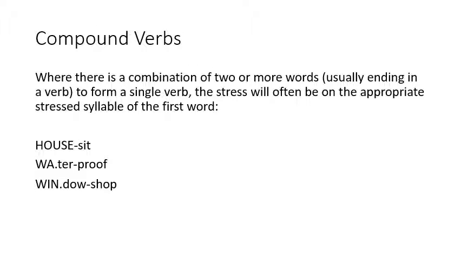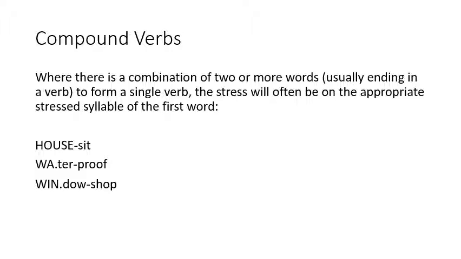Okay, let's now see compound verbs. Well, where there is a combination of two or more words, usually ending in a verb, to form a single verb. In compound verbs, the stress will often be on the appropriate stressed syllable of the first word. Let's see some examples.